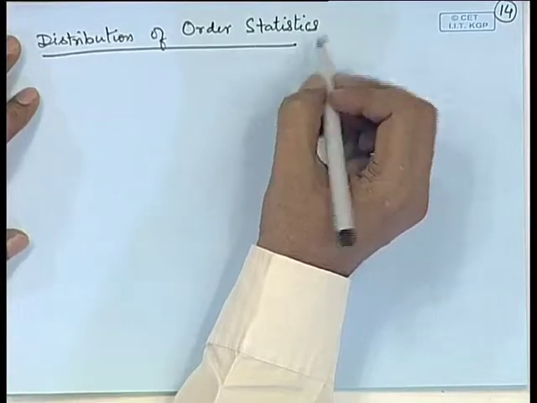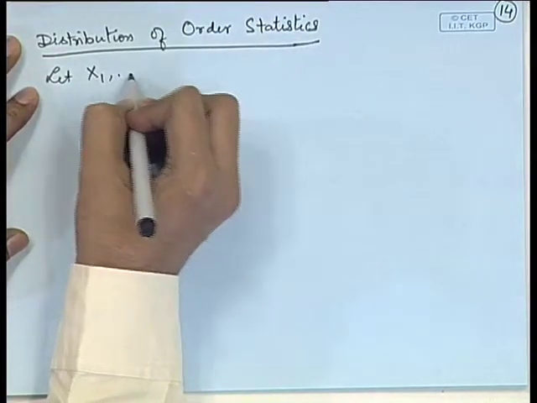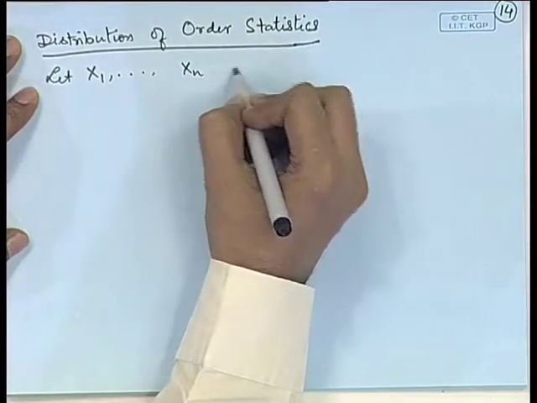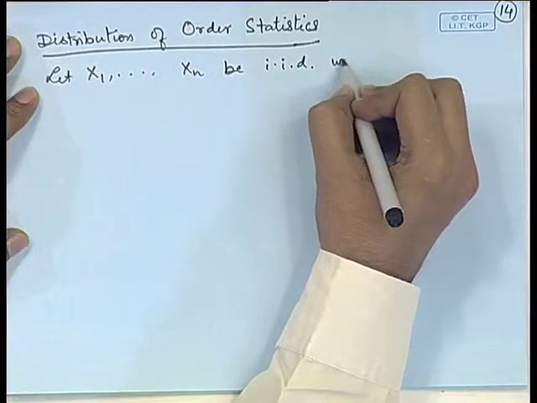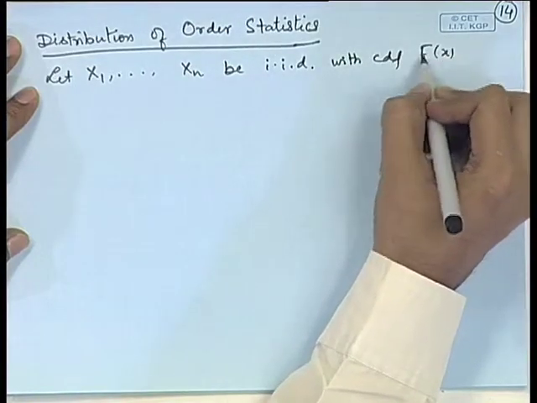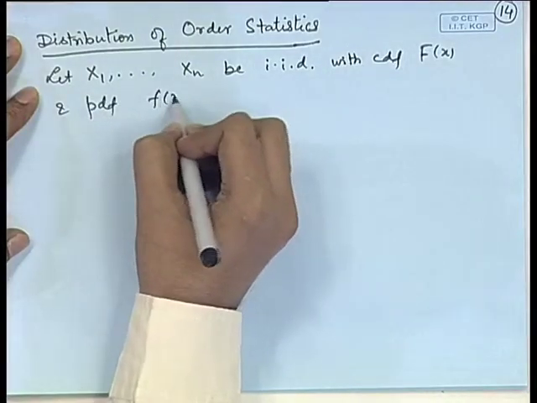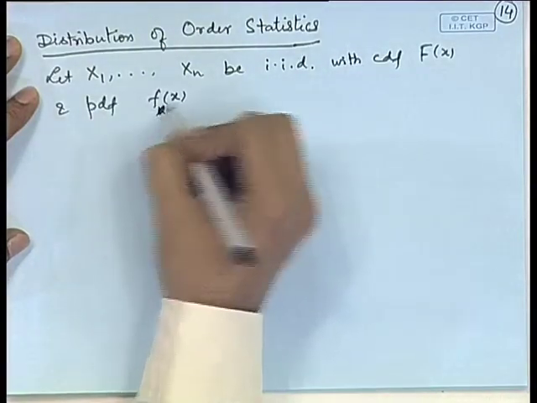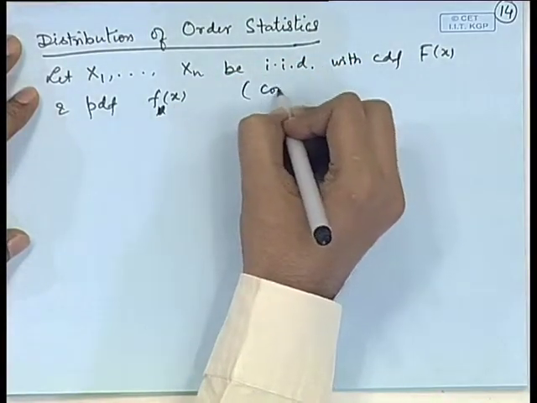What are order statistics? Let X1, X2, ..., Xn be IID with some CDF, say F_X, and PDF, say f_X, and let me assume it to be continuous.